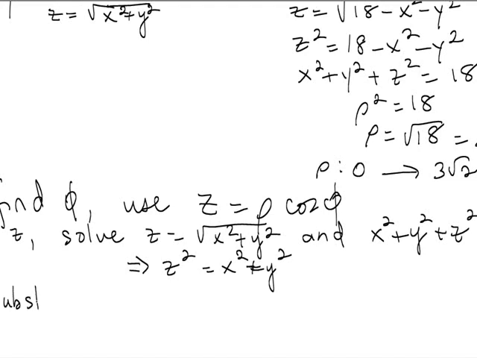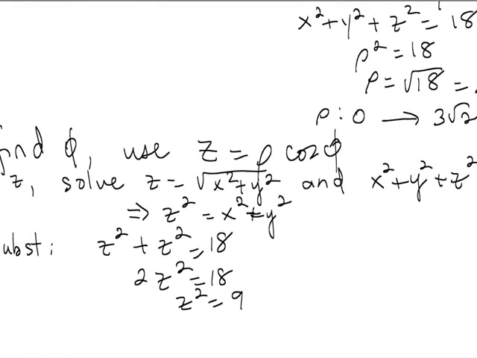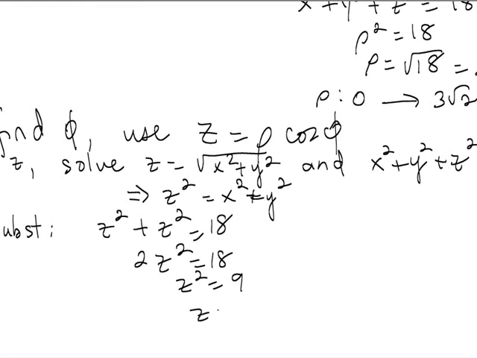We get z squared plus z squared is 18. 2z squared is 18. z squared is 9. So z is 3.